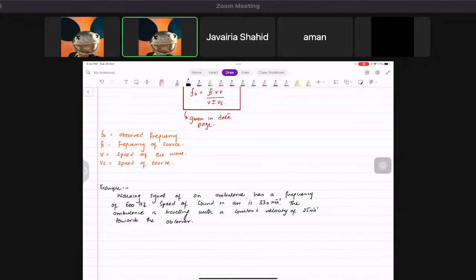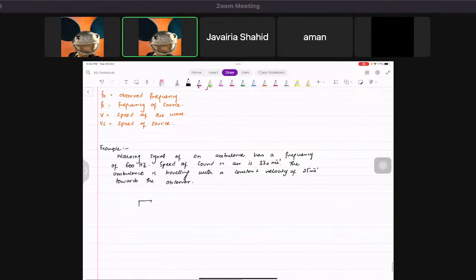Alright, so they have then shown that this is an ambulance that's going, and here's an observer. So this is the initial position, and then the ambulance crosses the observer, and that's the final position.